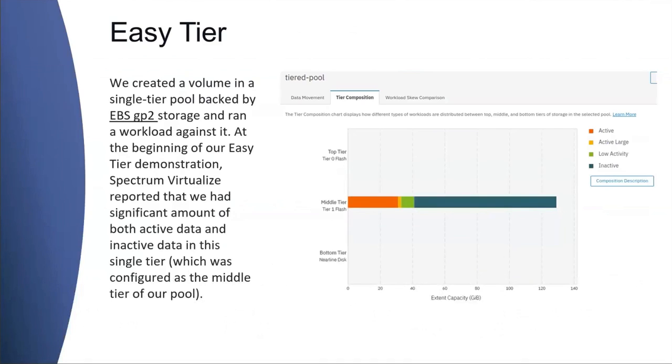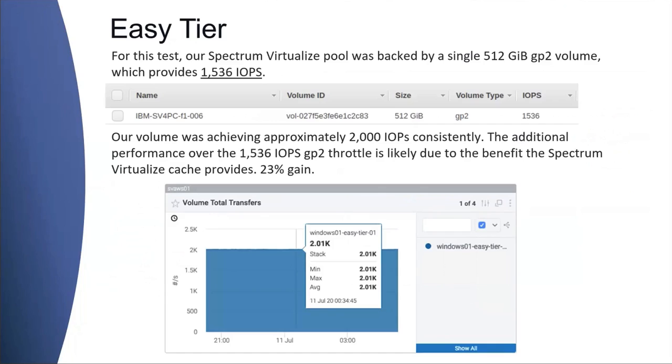All right, so what do we do? So here we go. We selected some GP2 storage, and we call it our middle tier. So we placed our data in that tier, and you can see from the tier composition, there's a lot of active and inactive data on that particular volume. Okay, so then we did some performance measurement based on that particular volume.